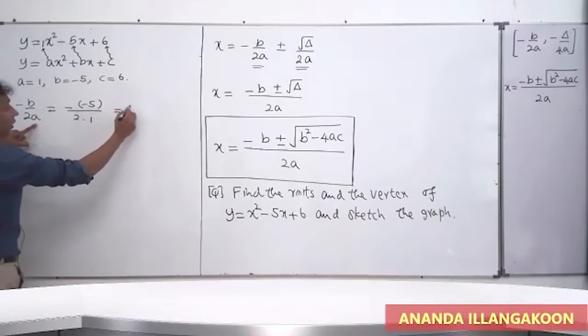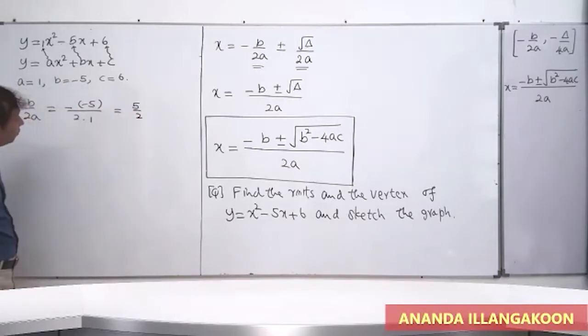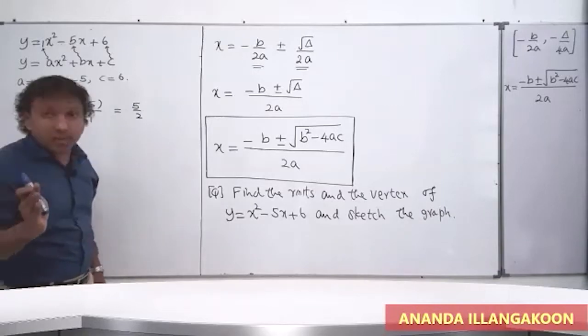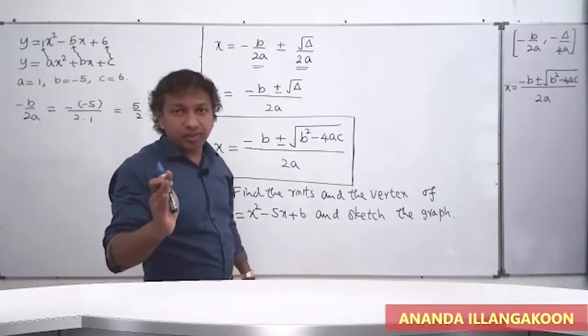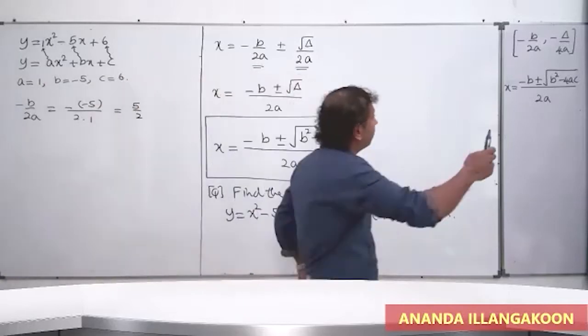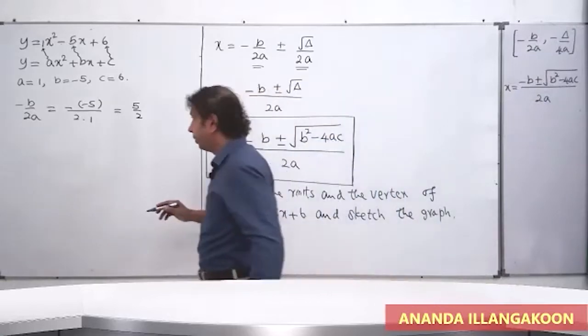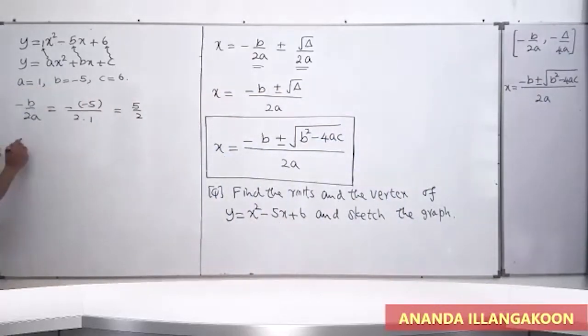What do you get there? Minus minus, plus 5 by 2. What is this 5 by 2? The x coordinate of the vertex. Secondly, this minus delta upon 4a. What is minus delta upon 4a?